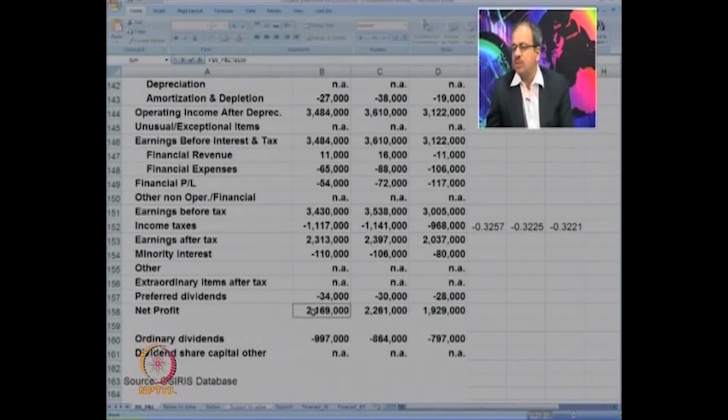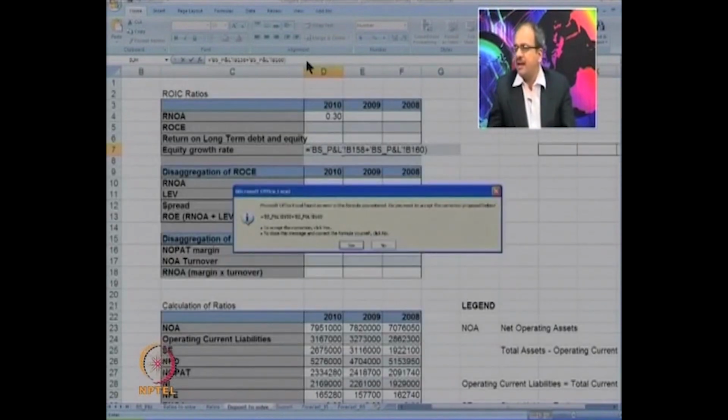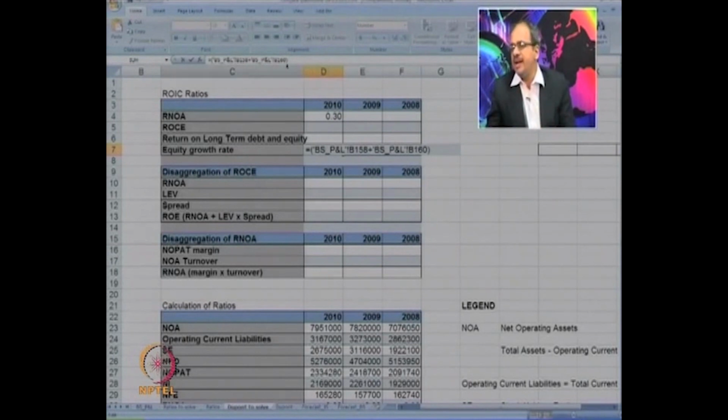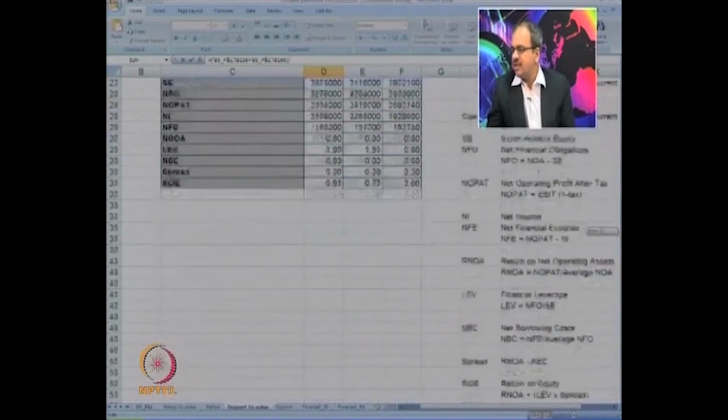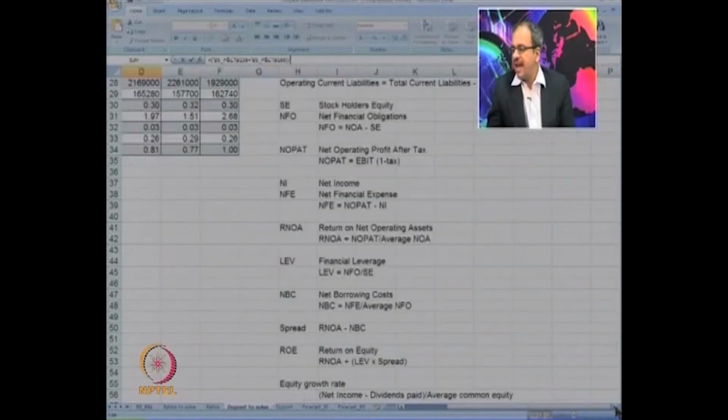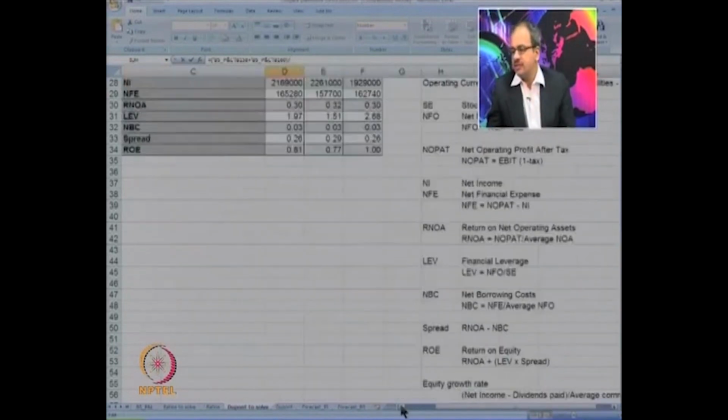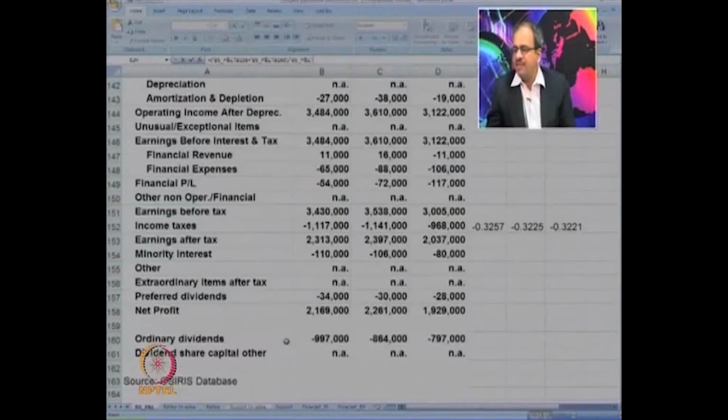So, net profit is the total money available to the company minus the dividend paid. I am adding it because the dividend figure is given in minus. So, net income minus dividend paid is the numerator, and we are going to divide it by the average of common equity, which figure will be available from the balance sheet.